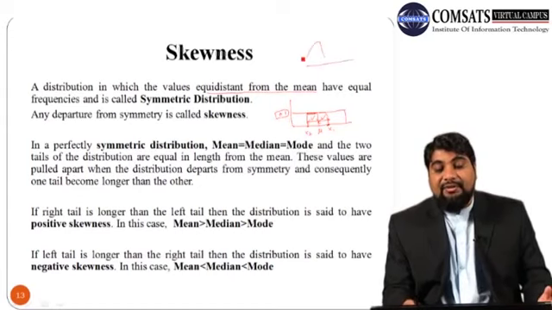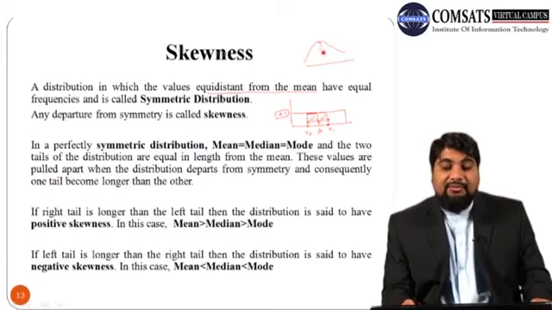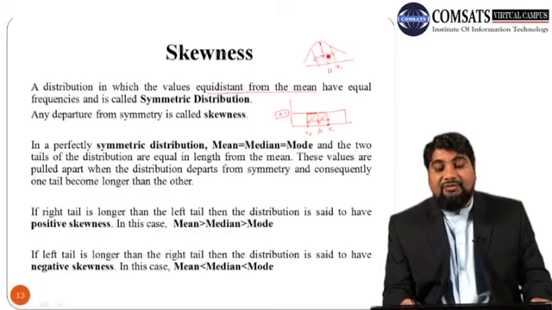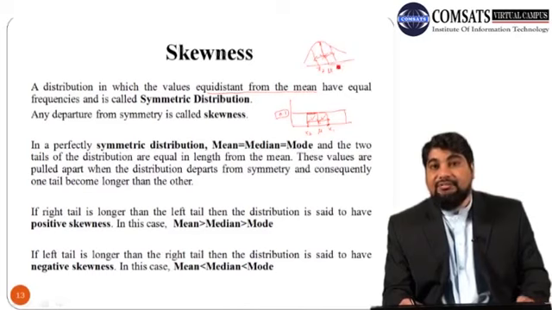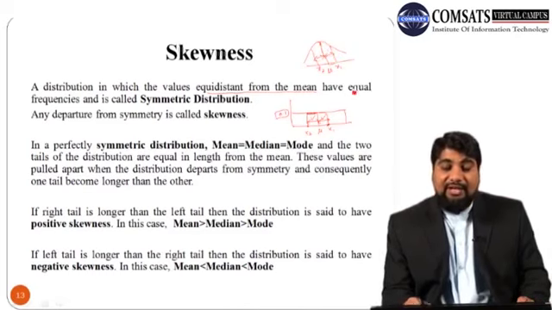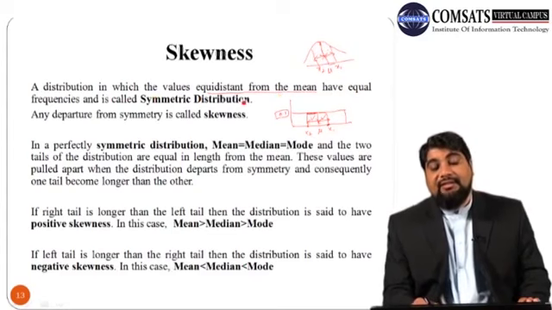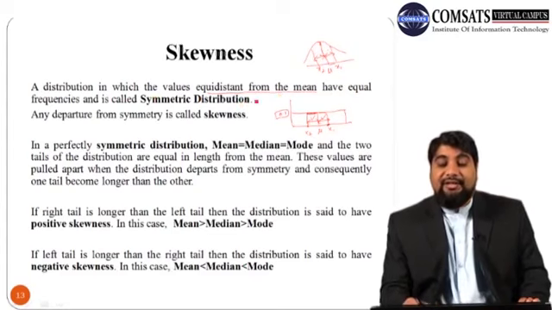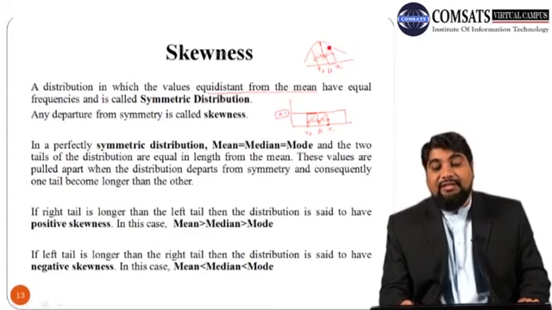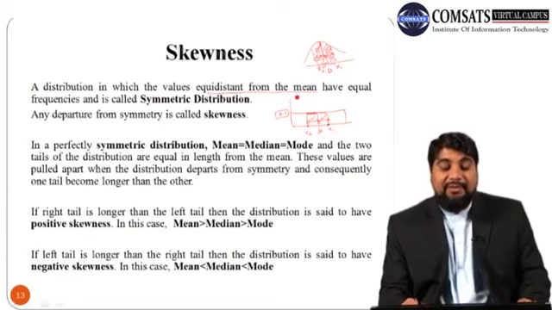Similarly, if we have this bell-shaped curve, here we have the mean. Suppose we have here one point x1, and here we have another point x2. If these observations x1 and x2 are equidistant from the mean, and they have equal frequency, then this distribution is called symmetric. And we can see from this diagram that this area, or this frequency, is the same as the second one.